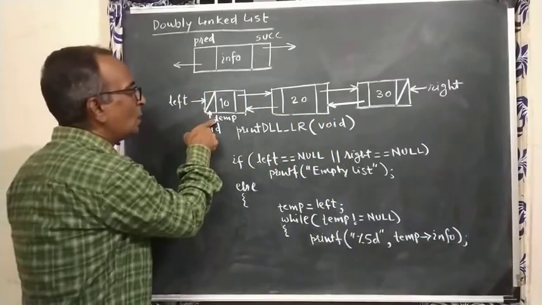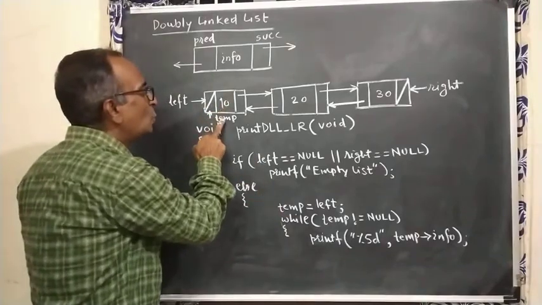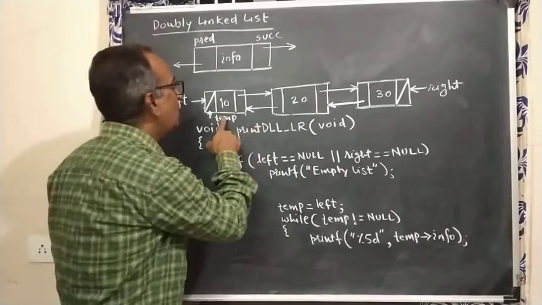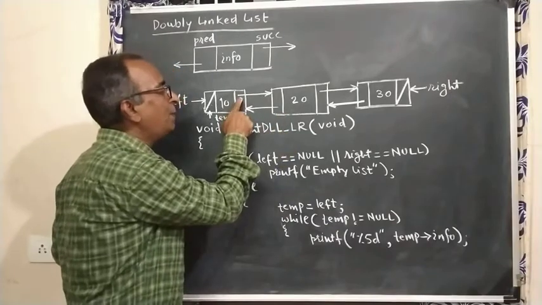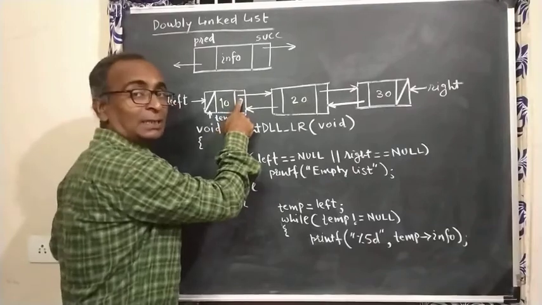After the info field is printed, temp should move to the next node. So temp should have the next node's address. Where is this node's address? In this field. What is this field? Temp's successor.